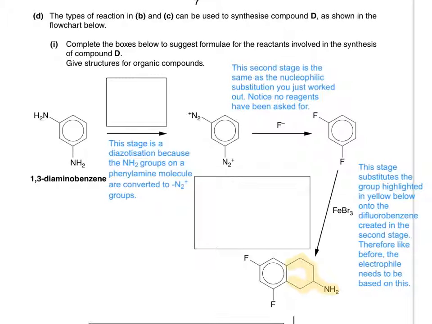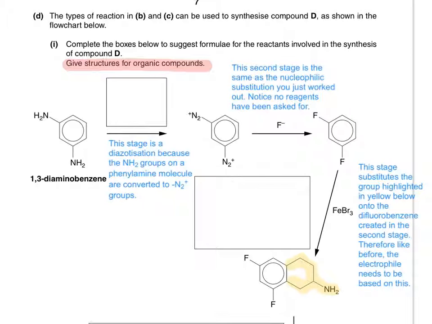Before I do that though, I'm just going to draw your attention a bit to where it says give structures for organic compounds. Why might they say organic compounds? It's obviously because there might be some non-organic reagents required. So it's two things they're hinting at there. If there's an organic reagent, draw the structure, obviously. And if there isn't an organic reagent, you don't have to draw the structure.